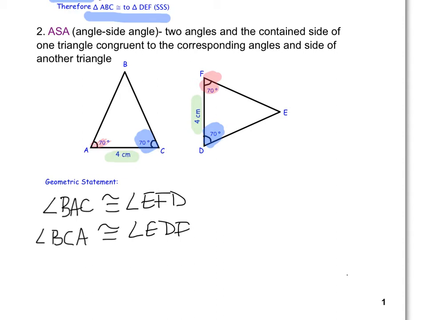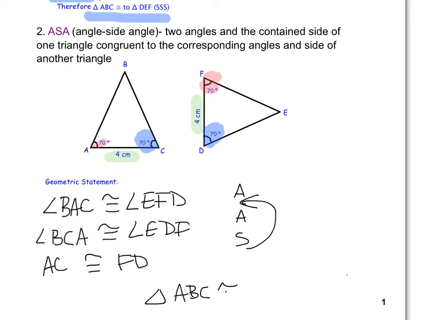Well, we know that side AC is congruent to side FD. So here we have an angle, we have another angle, and we have a side. And this side is contained inside the two angles. So now we can state that triangle ABC is congruent to triangle DEF by ASA.